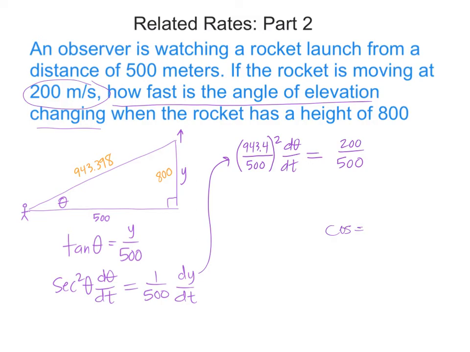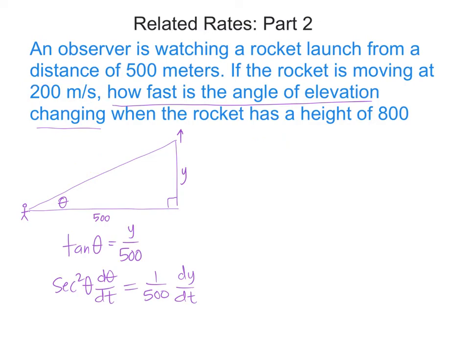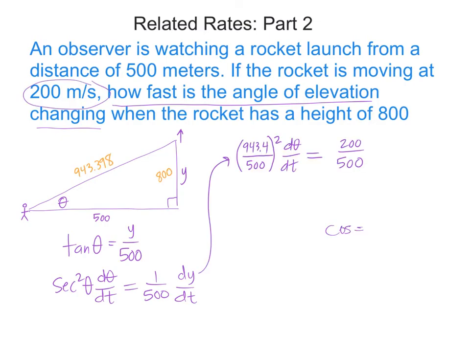Okay, so now all that's left to do is to solve this. At this point I'm just putting numbers in my calculator. On the right I have 200 over 500, which is 0.4, which is the same as just 2/5.